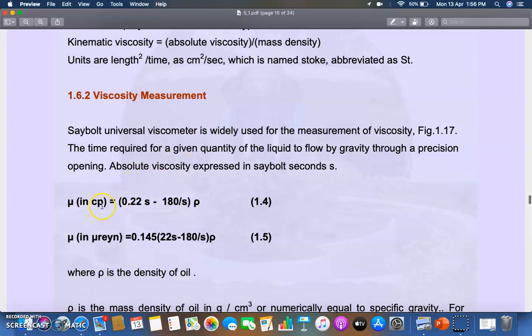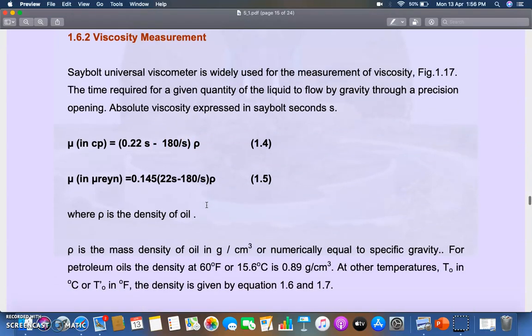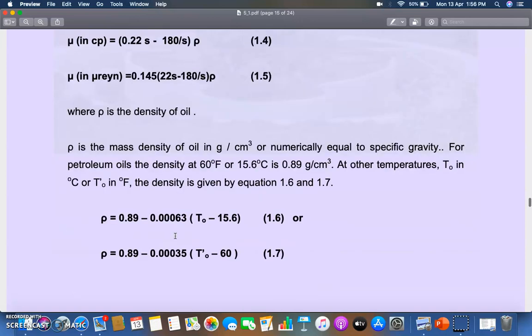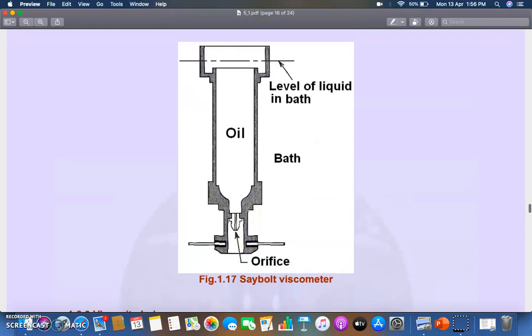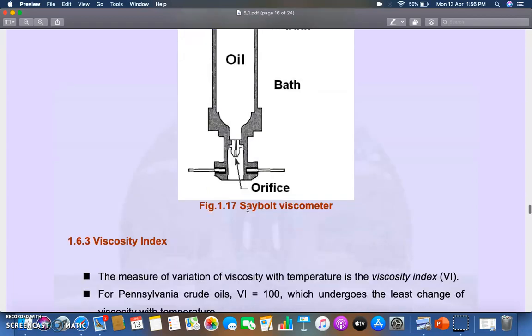Mu in cP, centipoise, equals (0.22 s minus 180 by s) times rho. With the help of this formula, you can calculate your value of viscosity, where rho is the density of oil. Now, this is a Saybolt viscometer. This is an instrument used to calculate the value of viscosity of any lubricating oil or any oil.